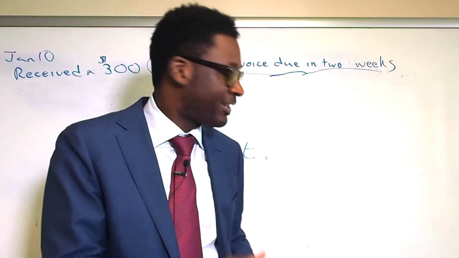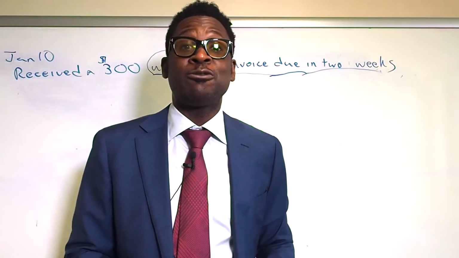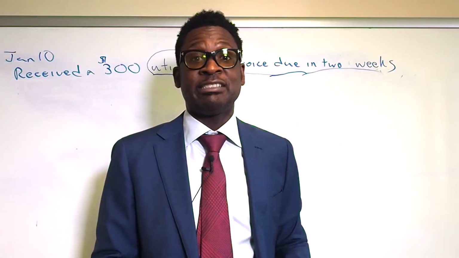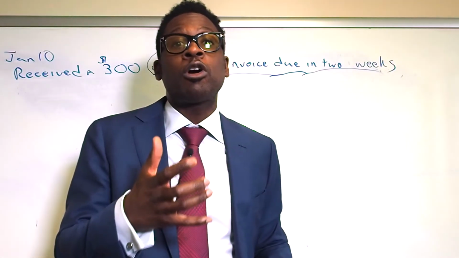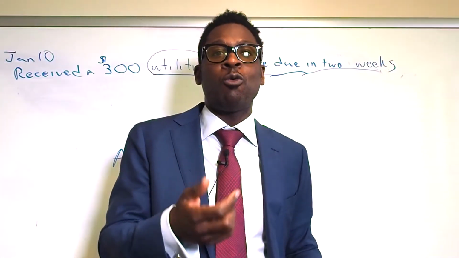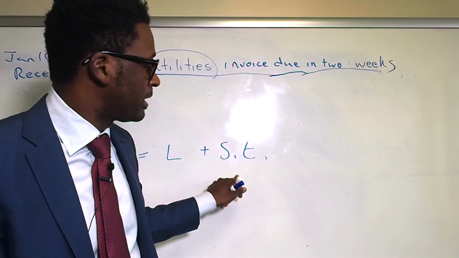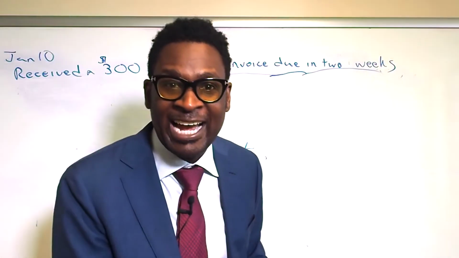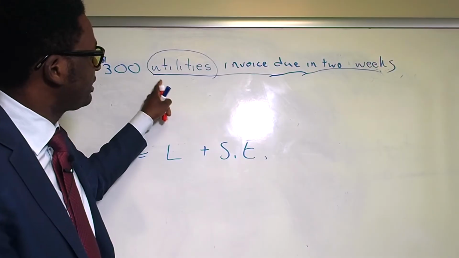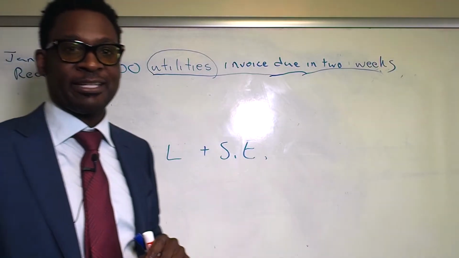But how does that affect stockholders' equity? Well, the fact that utilities expenses has gone up, it will cause our retained earnings or income to go what? Down. Therefore, stockholders' equity has gone down because of the increase of this expense by $300.